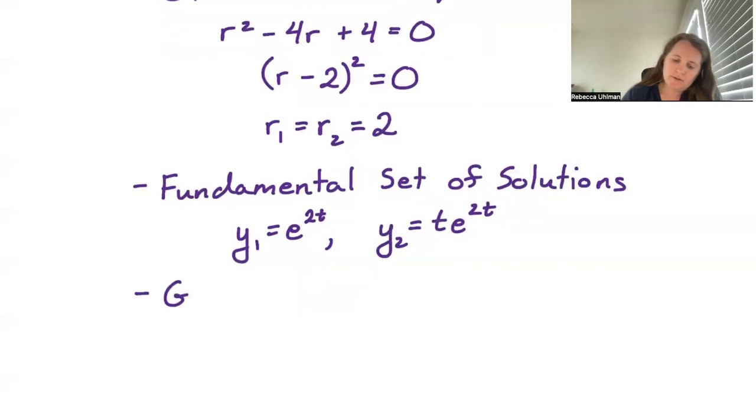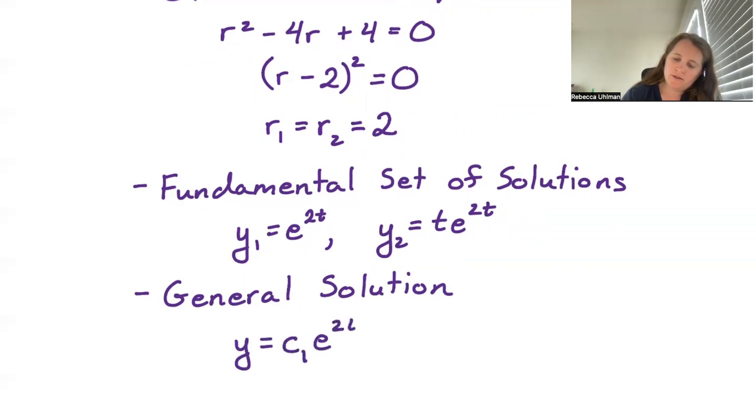And the general solution is y equals c1 e to the 2t plus c2 times t e to the 2t.